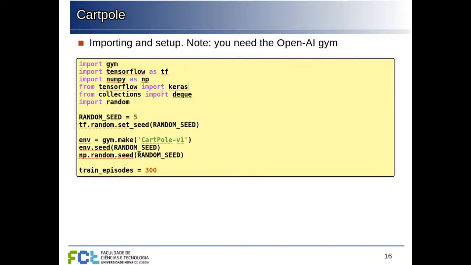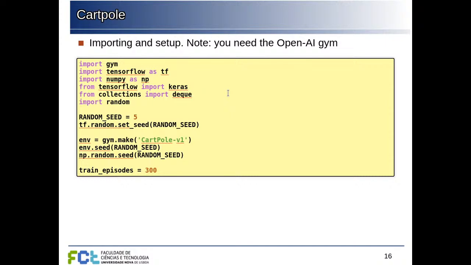We're going to use a deque to keep a collection of experiences. The deque is an object that you can specify. It's like a list, but it's optimized for inserting and removing at either end. And you can specify a maximum size.